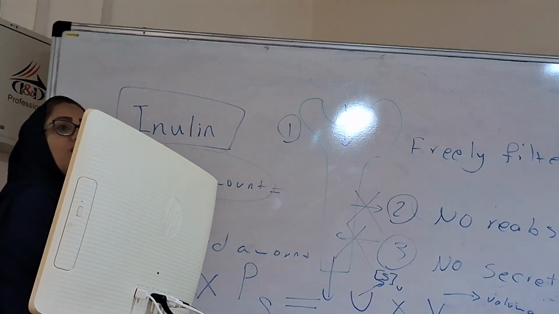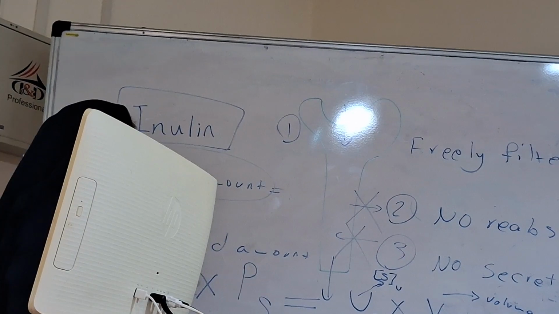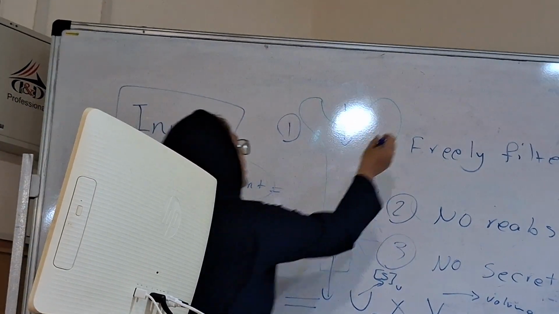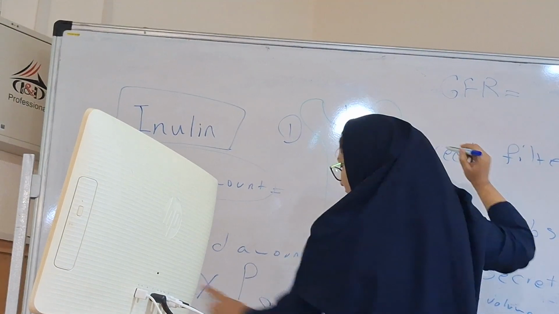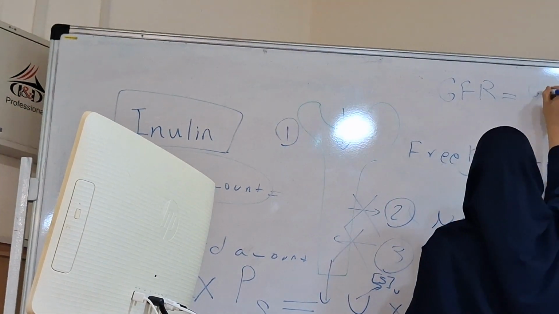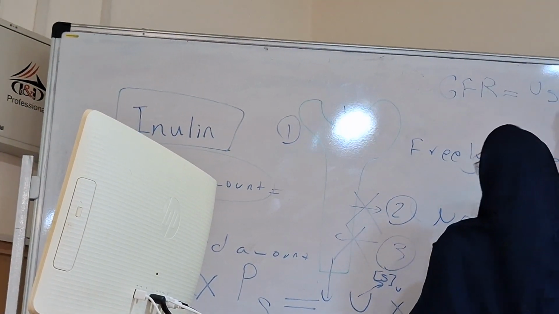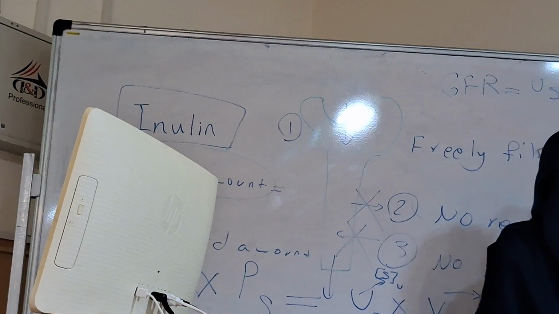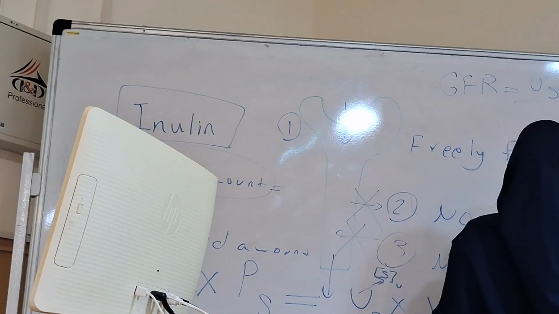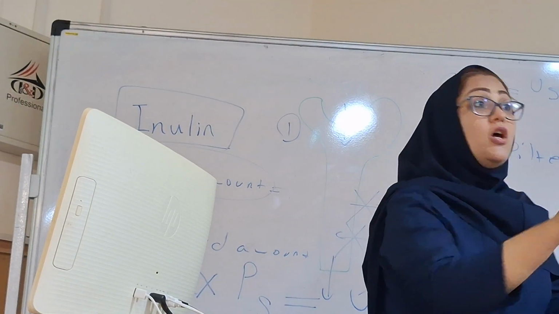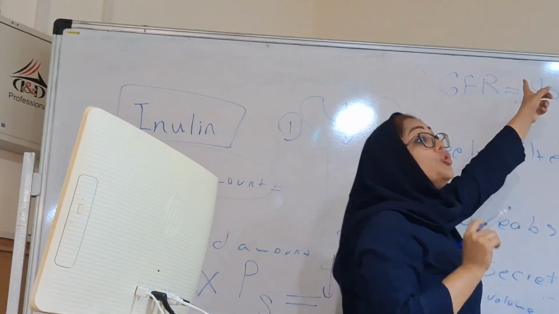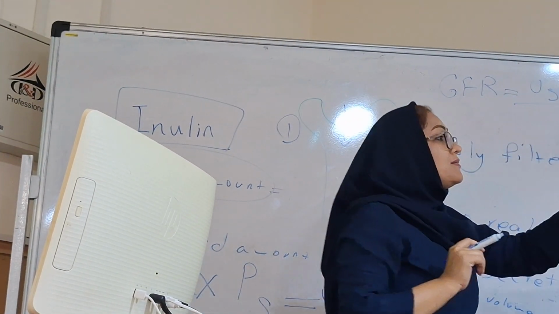I want to calculate GFR. GFR equals U_S multiplied by V divided by P_S. Got it? Was it clear? You have to keep it in your mind. You have to memorize it.